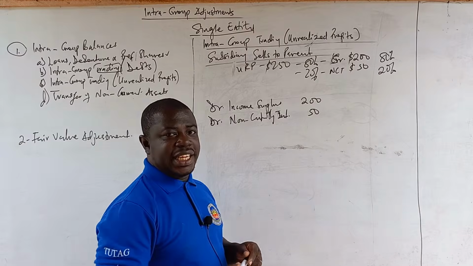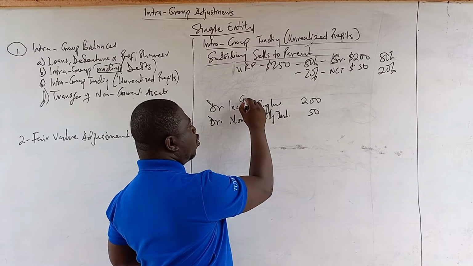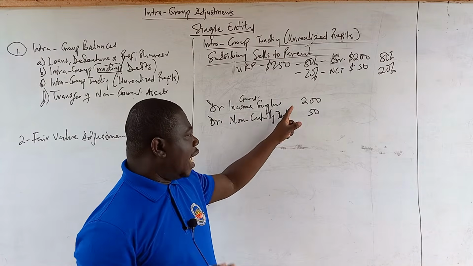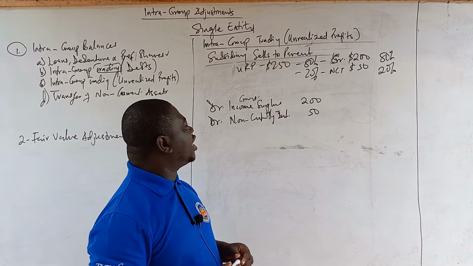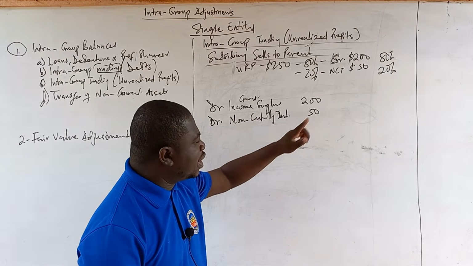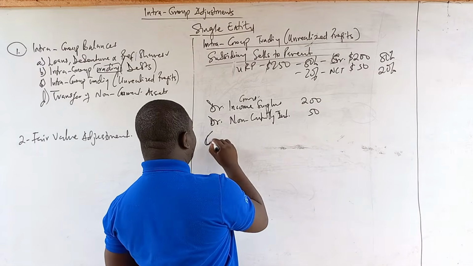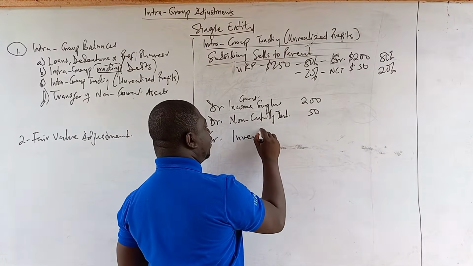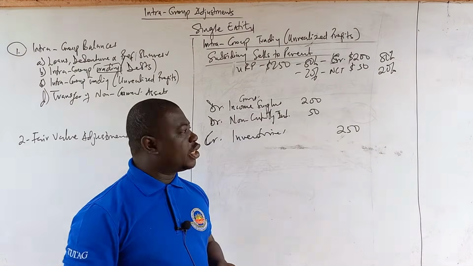So it means that the 250 which should have been debited to the consolidated retained earnings has been split. 80% of it will be charged to the group income surplus account. 20%, which is 50, will be charged to non-controlling interest. And then inventory remains the same. You credit inventories with a total amount of 250 so that it will now agree.